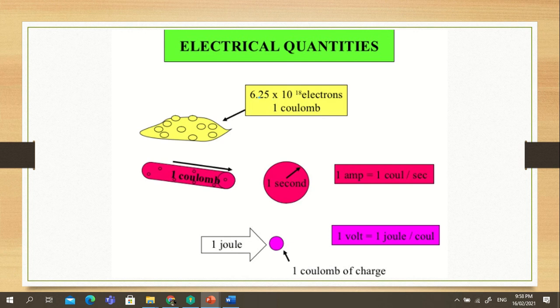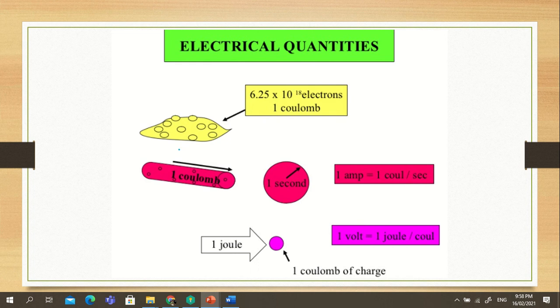Can you imagine 6.25 times 10 to the 18? So when you type this number in your calculator, your calculator must have a very huge display so that it can be displayed properly. So 6.25 times 10 to the 18 electrons, that is equivalent to 1 coulomb. So remember this constant, class.